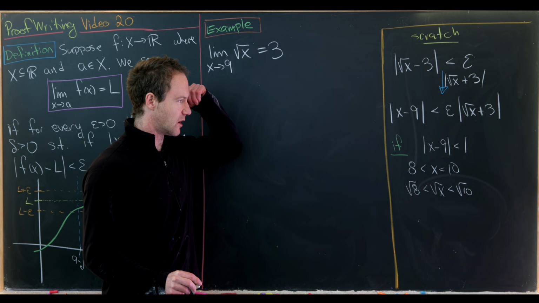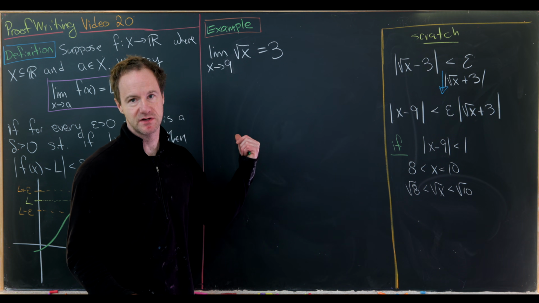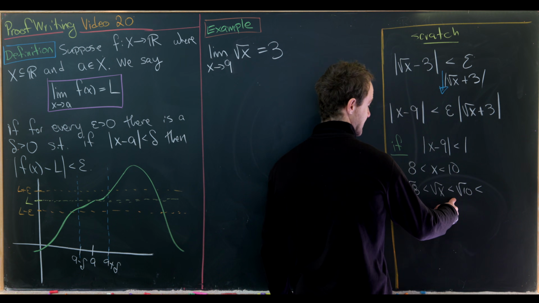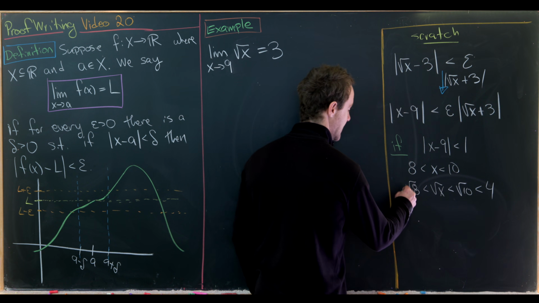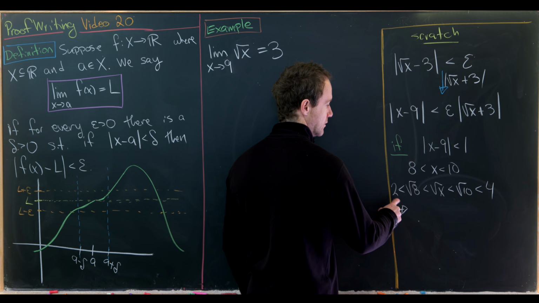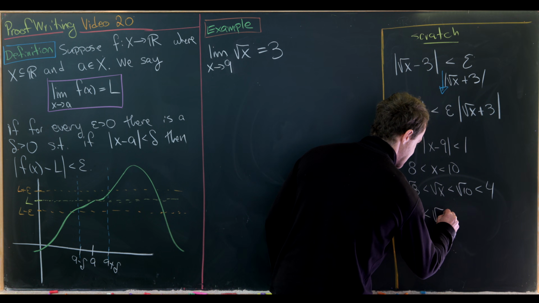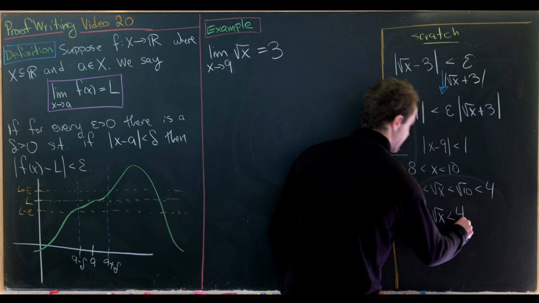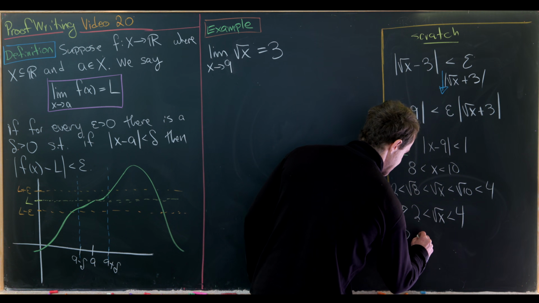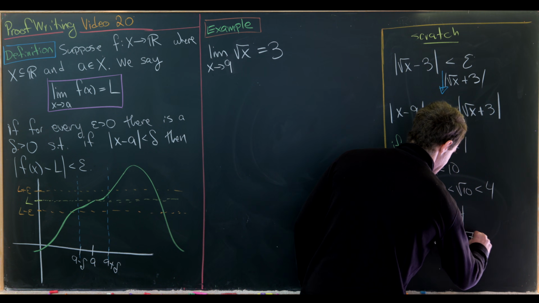But that's a little bit gnarly to work with, so perhaps we'll round each of them to their closest perfect square. So this is less than the square root of 16, which is 4, and this is larger than the square root of 4, which is 2. So deleting out the middle, we have 2 is less than the square root of x, which is less than 4. Now we can add 3 to all parts of this, and we'll see that 5 is less than the square root of x plus 3, which is less than 7.